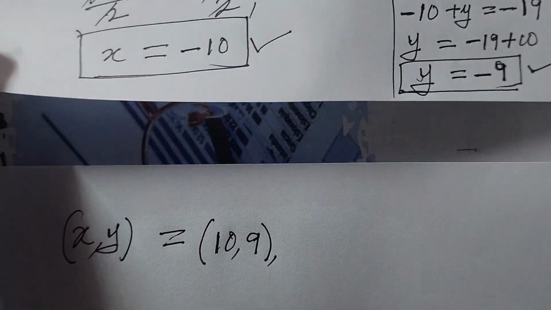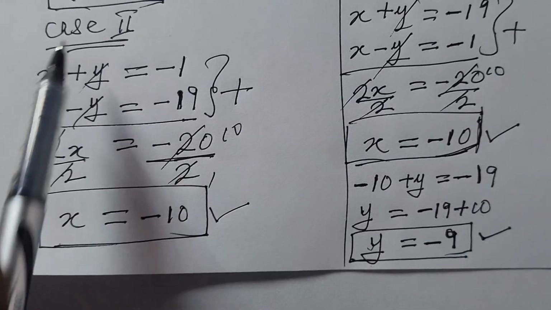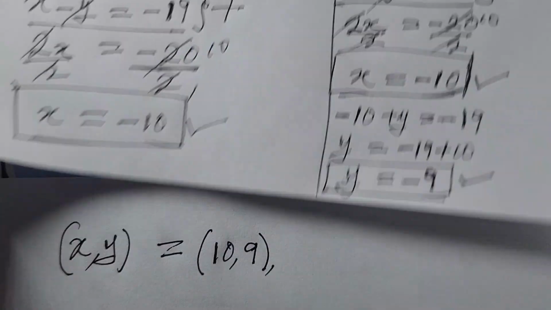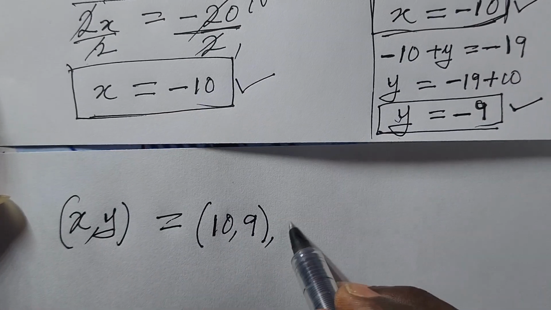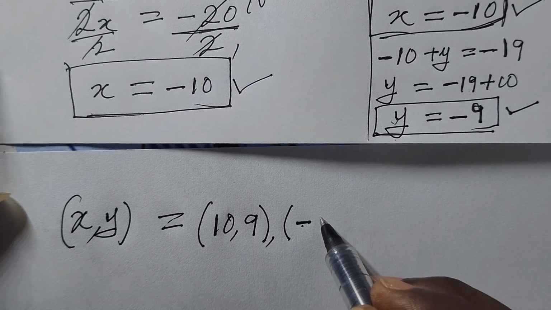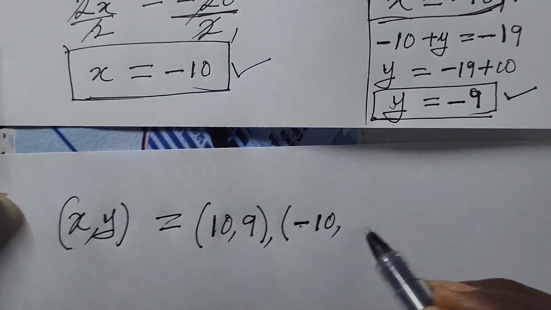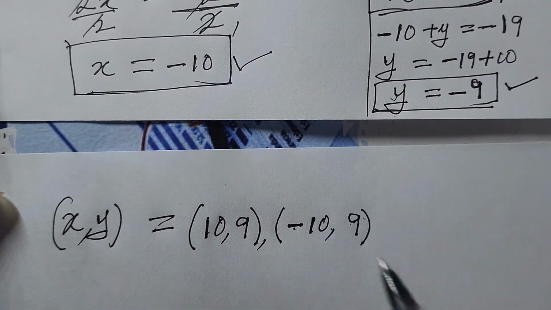Then the second pair, for case 2, we have x to be minus 10 and y to be plus 9. So we have (-10, 9).